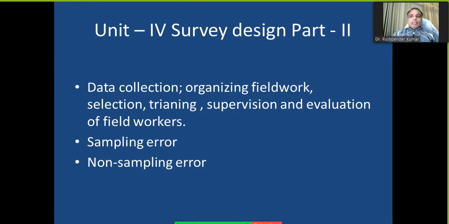This plays a very important role in your research. So when you think of collecting data, you need to organize this field work.